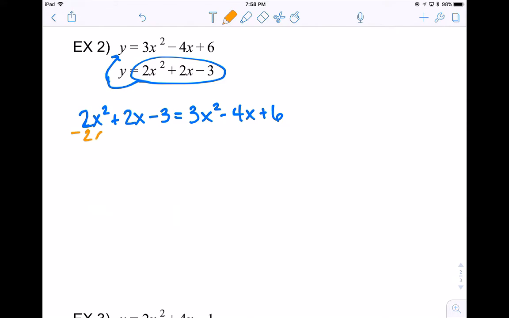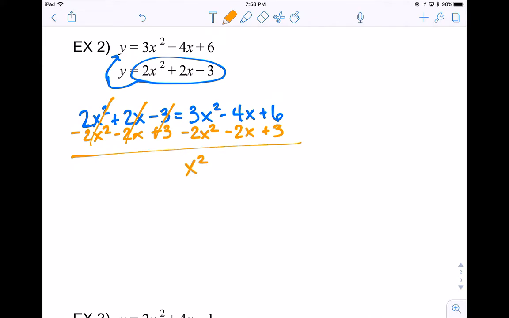So we're going to move all of these terms to the right side of the equation. That's going to leave us with x squared minus 6x plus 9 equals 0.